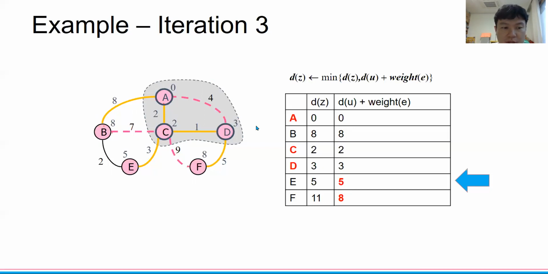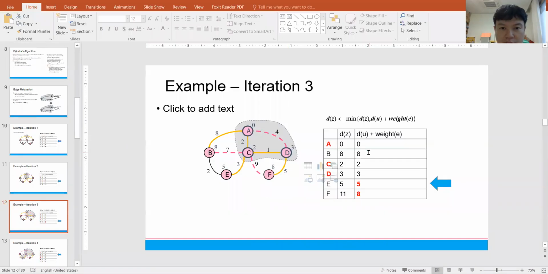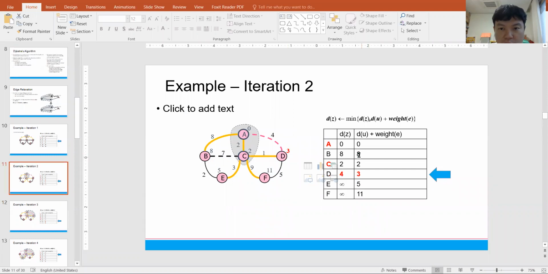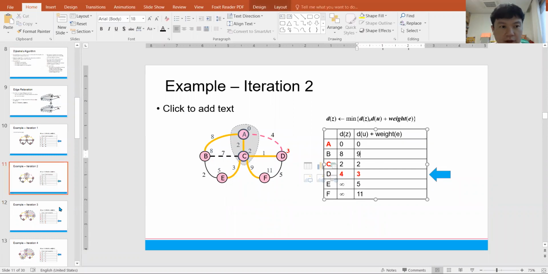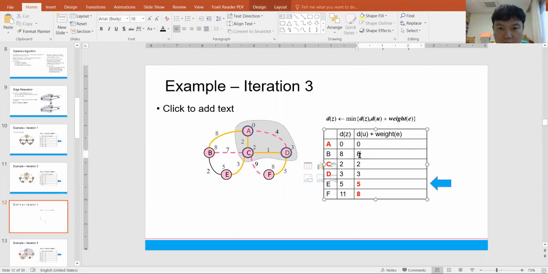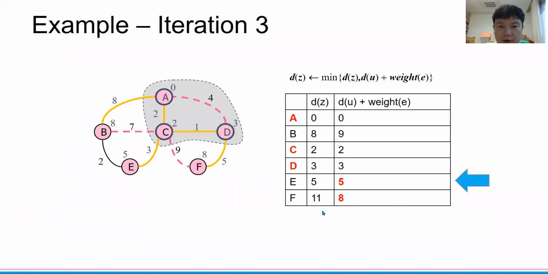Actually, you don't need to put this one, because if it is 9, there is no need to change, since we want to find the minimum. B is still 8, and C is 2 because it is directly connected. And what about D? We have 3, which is the new updated value, so we will not consider this 4.